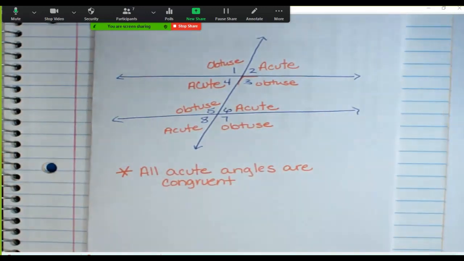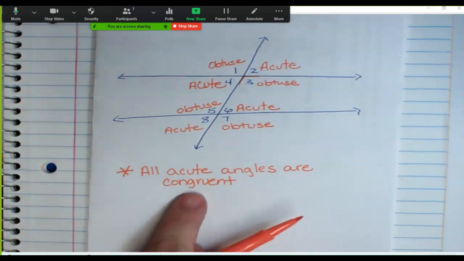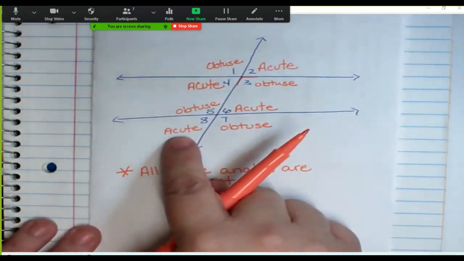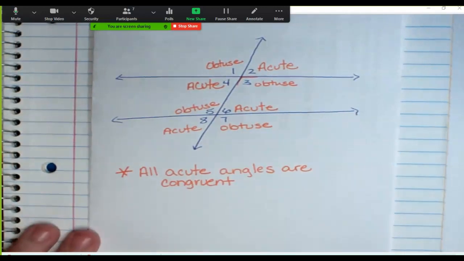So if I told you that angle 2 was 50 degrees and it's acute, what is angle 4 that's also acute? 50 degrees. Because if they're congruent, then that means every angle that is acute in this picture will have the same measurement. Okay? Every angle will have the same measurement if they're all acute.